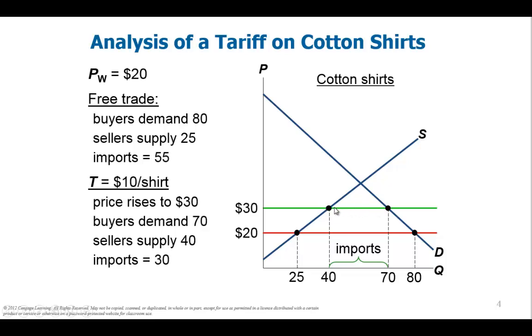We're not in equilibrium, which means that the supply is less than the demand. And at $30, producers want to supply 40, but consumers will demand 70.